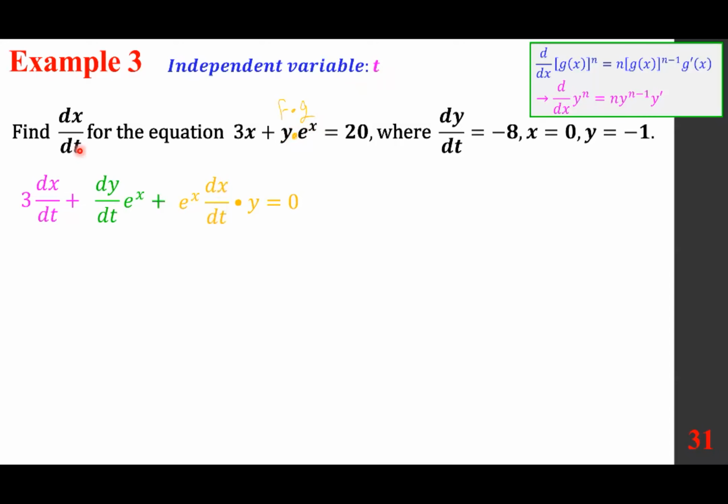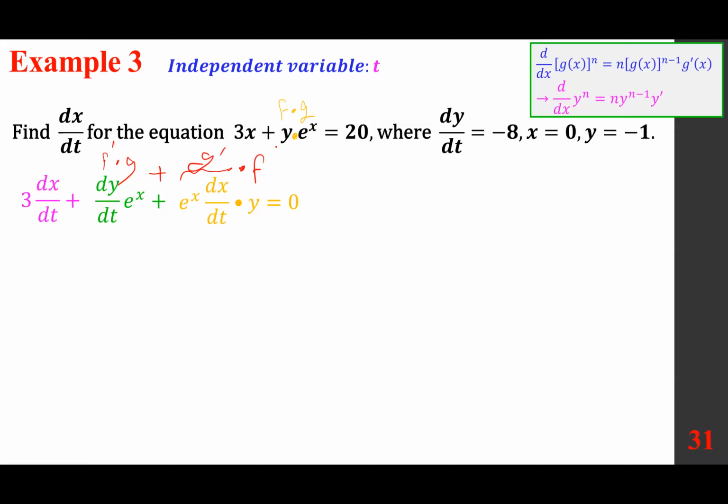This is because of what they're asking you here, and of course, this is by the product rule. Let me write this as f prime g plus this whole thing is g prime f.